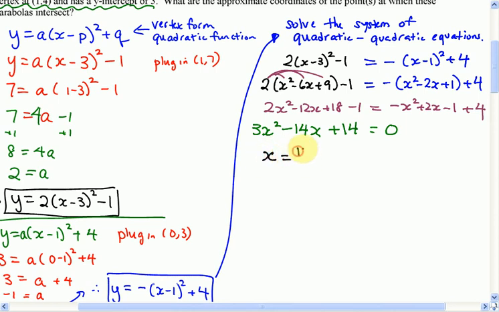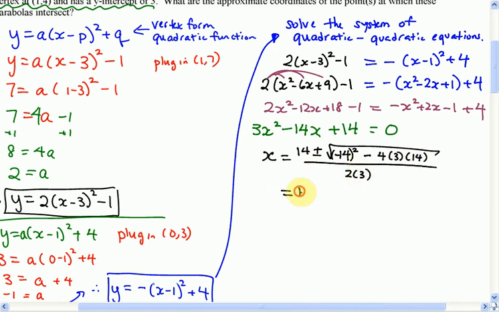x equals negative b plus or minus square root of b squared minus 4ac, all over 2a. 196. Oh no, what's this? 4 times 3 is 12. 12 times 14.